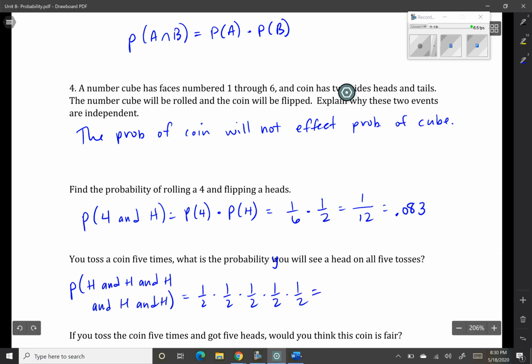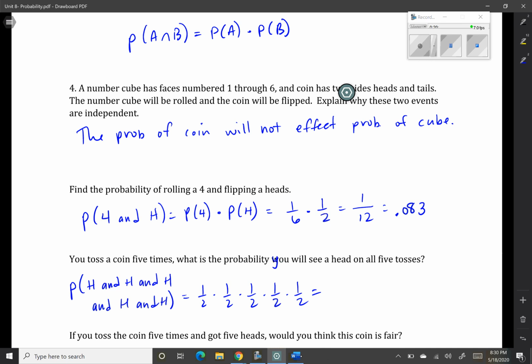This will be the probability of landing on heads 5 times in a row. Notice this is not saying that you have a coin and we want to flip it 5 times and find the probability of landing on heads just that 5th time. This is saying I want to know the probability of landing on heads all 5 flips. So the chance of that is probably pretty small.